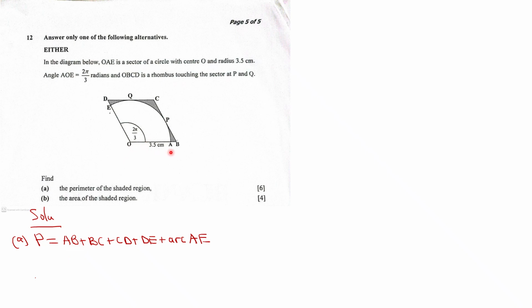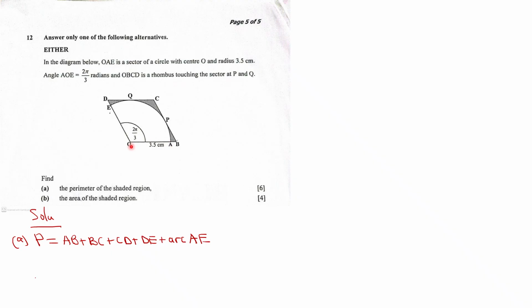We notice that AB is part of the side of a rhombus, OB. So we have the sides of the rhombus OB, BC, CD, and DO. These are the four sides of the rhombus. We know that AB is part of one side of the rhombus, OB.